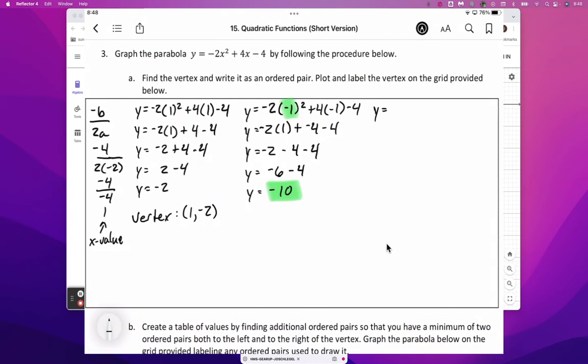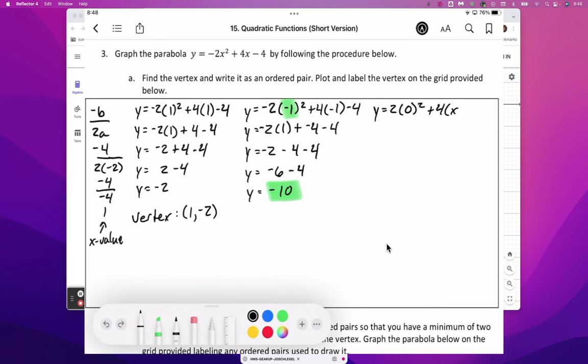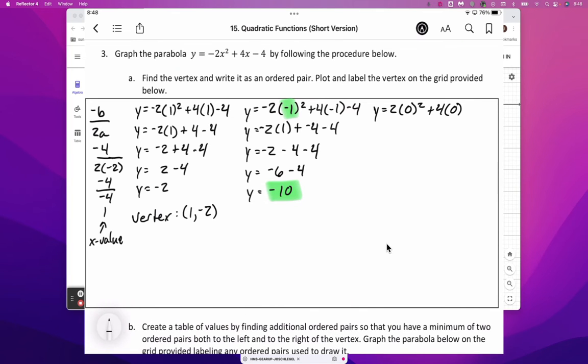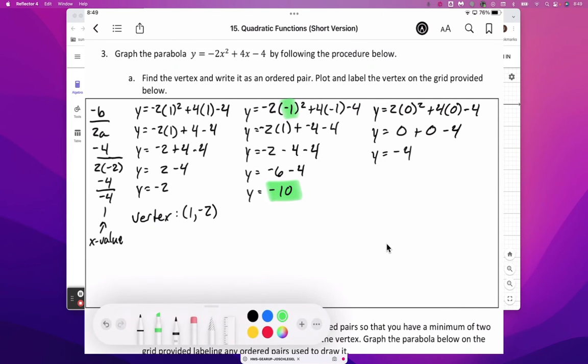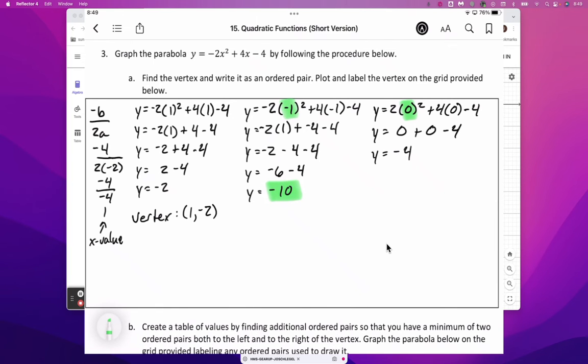So y equals negative 2 times our x value, which is 0 squared, plus 4 times our x value, which is 0, minus 4. And 0 squared times 2 is going to be 0. 4 times 0 is going to be 0. And so we've got y equals negative 4. So when our x value is 0, our y value is negative 4.